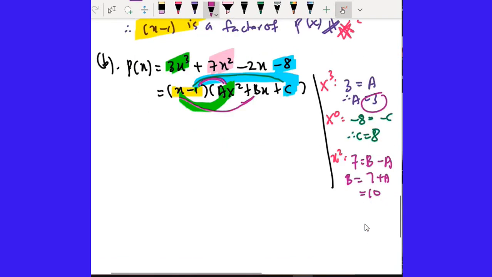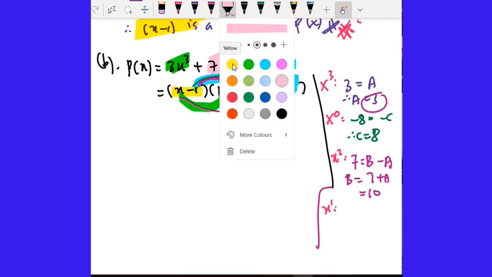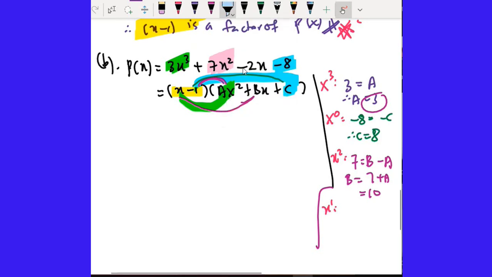Double check. I always say that you have to double check. The coefficient of x to the power 1. Okay, so minus 2 on the left, and what produces x to the power 1 is c x, and then minus 1 times b, minus b.